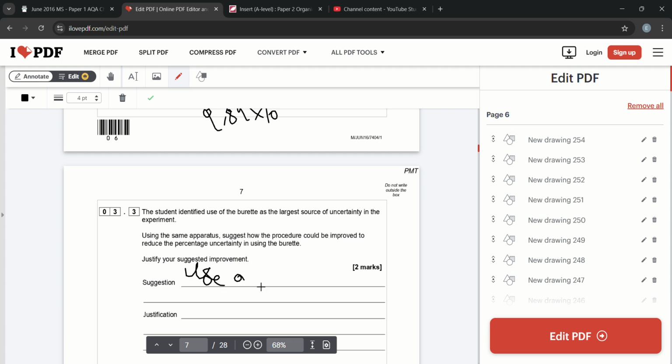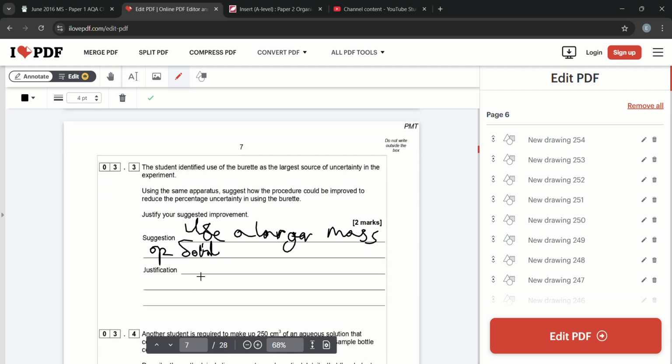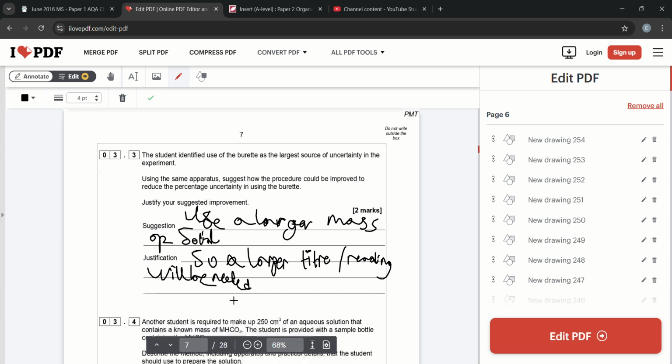Use a larger mass of solid, so a larger titer / reading will be needed.